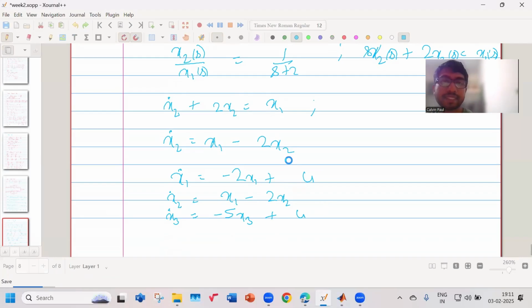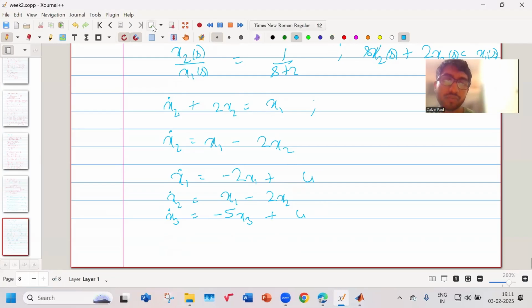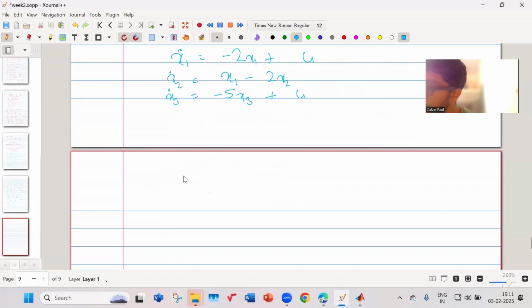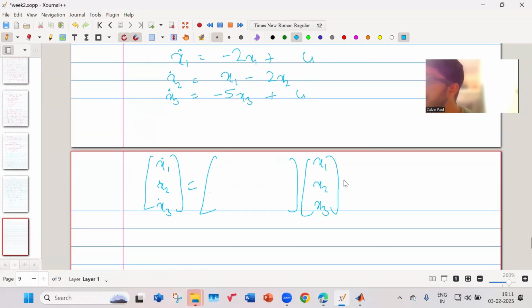This is written again in a combined form: X1 dot, X2 dot, X3 dot in terms of X1, X2, X3, and u. So X1 dot is minus 2 X1 plus 0 of X2, X3 plus 1 into u. X2 dot is X1 minus 2 X2 plus 0 X3 plus 0 u. And X3 dot is 0, 0, minus 5 X3 plus 1 u.